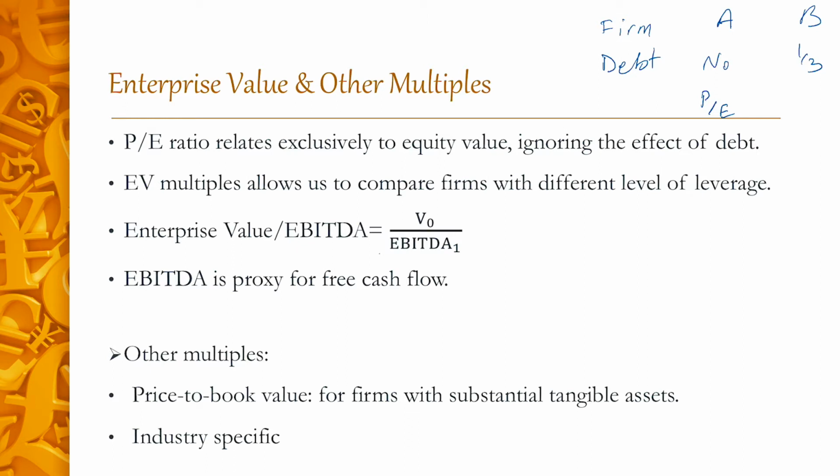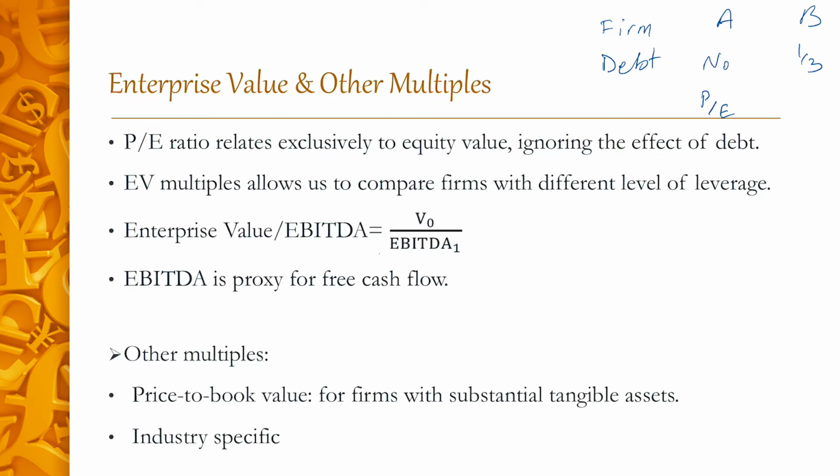The dividends are only available to equity holders, but in the discounted free cash flow model, we are using the free cash flows which are available to all firm investors, both debt and equity holders. So here, the enterprise value is the value of both equity of the firm and the net value of its debt.